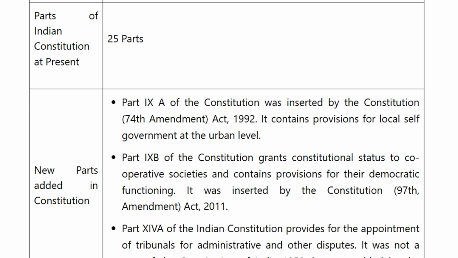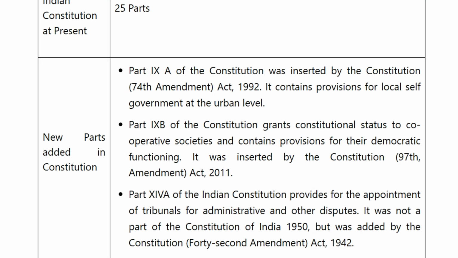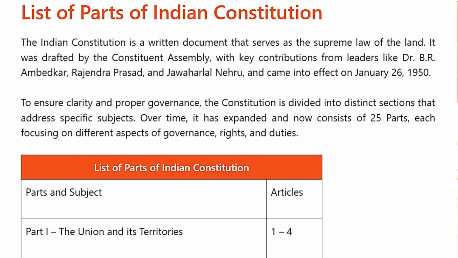It was inserted by the Constitution 97th Amendment Act, 2011. Part XIVA of the Indian Constitution provides for the appointment of tribunals for administrative and other disputes. It was not a part of the Constitution of India in 1950, but was added by the Constitution 42nd Amendment Act, 1976.